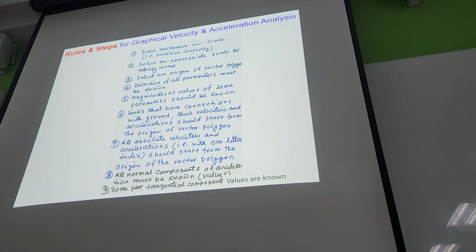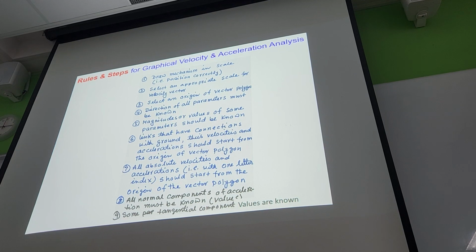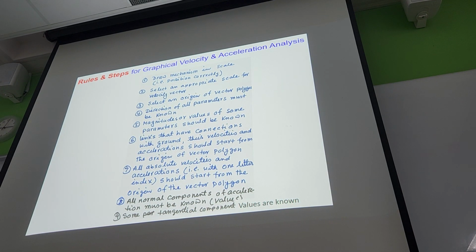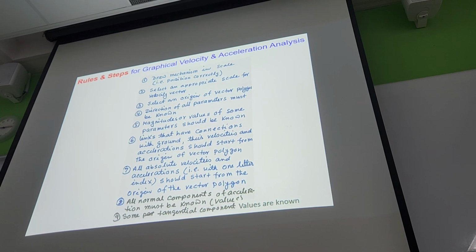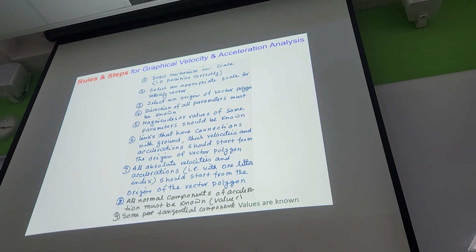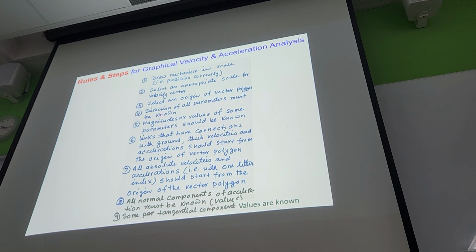Select an appropriate scale for the velocity vector, and also for your acceleration, not only velocity. And then, select an origin of the vector polygon. Unfortunately, when I scanned it, I chopped it. And the most important thing: direction of all parameters must be known. Must be, the word must be, not should. Direction of all parameters must be known. That is, every component of the velocity, every component of the acceleration. Direction must be known to us.